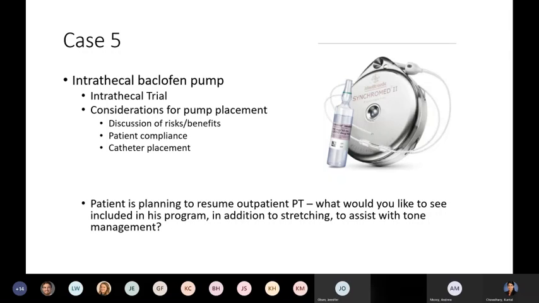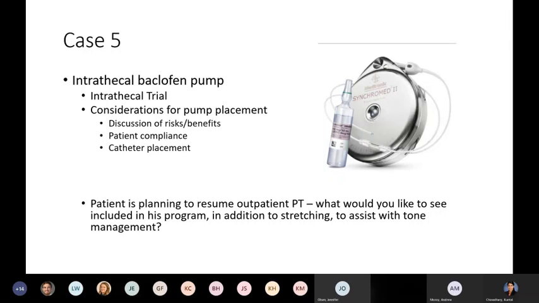Other considerations for pump placement and things that you would discuss with the patient: risks and benefits. Obviously, the benefit is hopefully better spasticity control and ability to reduce or eliminate oral medications, and as such, reducing or eliminating all those cognitive drowsiness side effects. Risks, of course, are that you're having a surgery and having an implantable device.